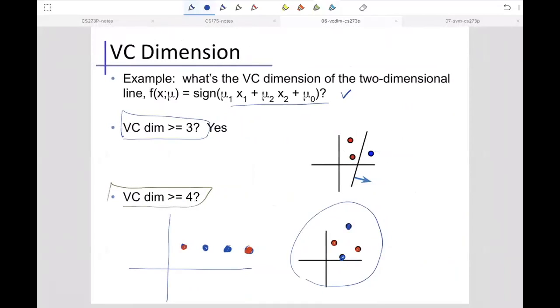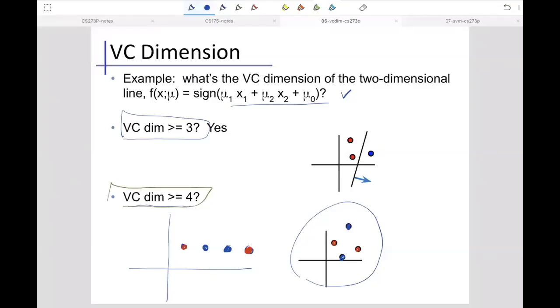However, when I make the statement that the VC dimension cannot be greater than or equal to 4, you have to verify all possible locations of 4 points. Essentially, you exhaustively try all possible choices of 4 points, and I cannot find 4 data points this model can shatter.